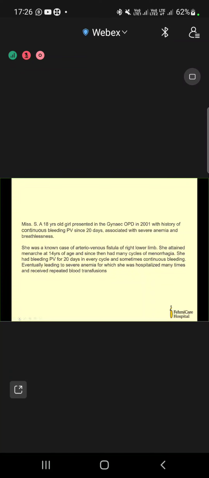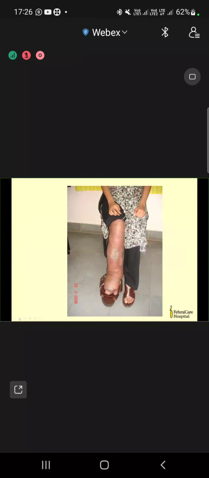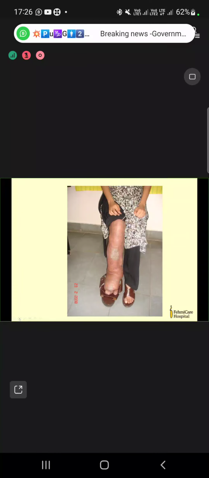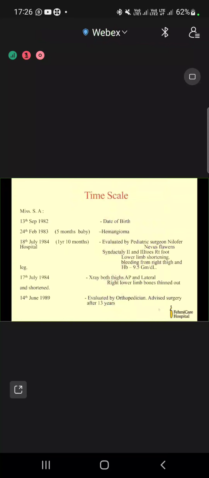With great difficulty, we waited for almost 6 months. Then, to her luck, to my luck, we got Mirena, and with one hope, I inserted Mirena in this girl. She was noticed to have a hemangioma, and she was evaluated in detail by pediatric surgeons, plastic surgeons, and orthopedicians.